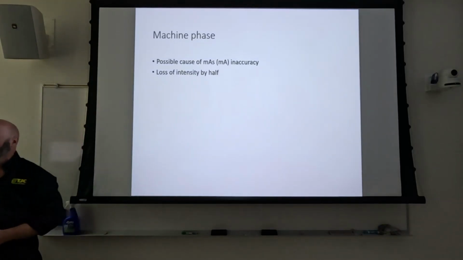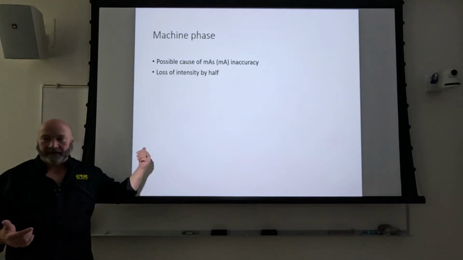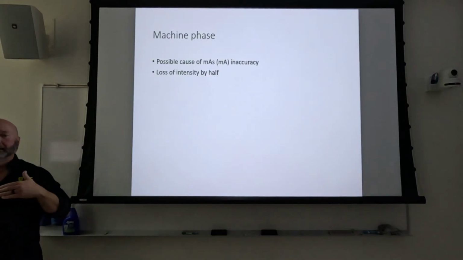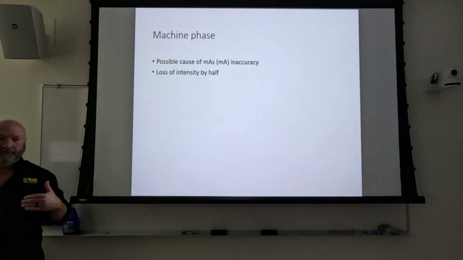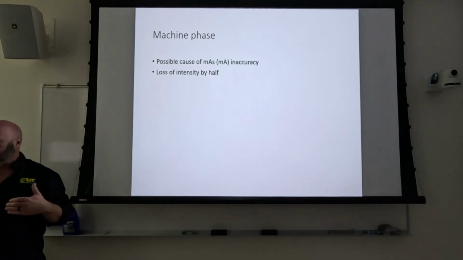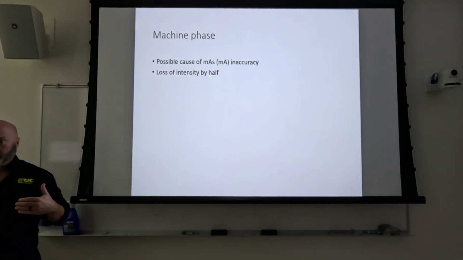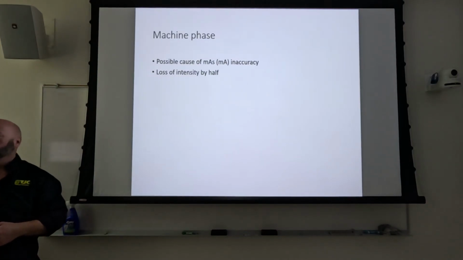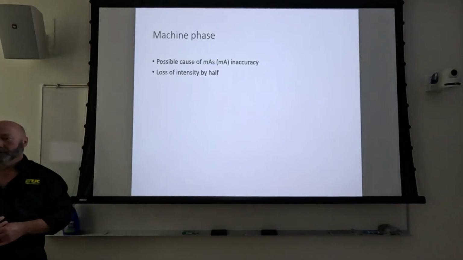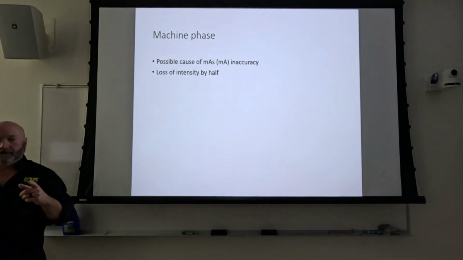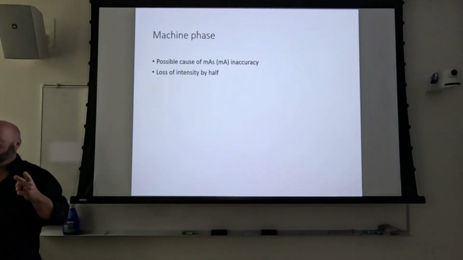Exactly. So if suddenly you have a machine that is immediately shooting at half of the expected value, then you've got blown rectifiers. Okay, so what if you phototime it? How do phototimers work? They stop when you have enough. They stop whenever they get enough radiation, right?